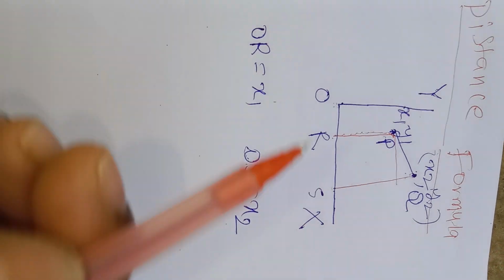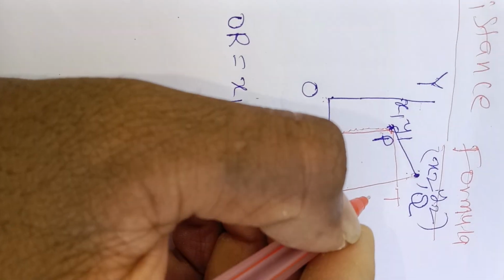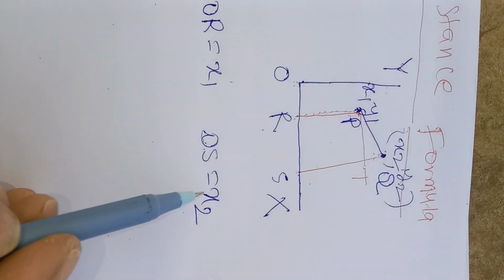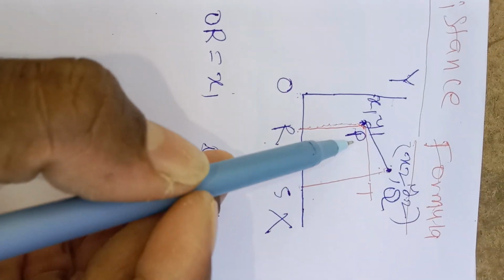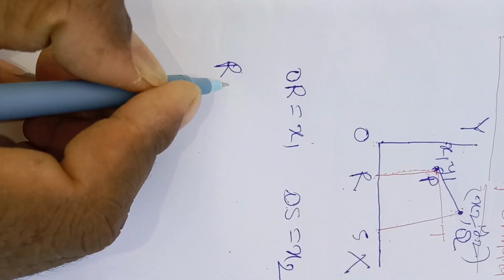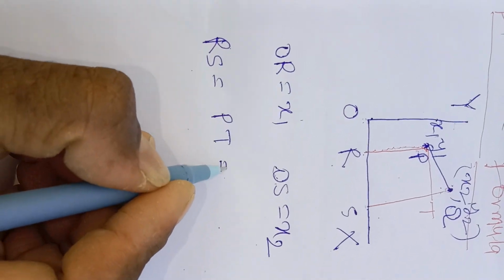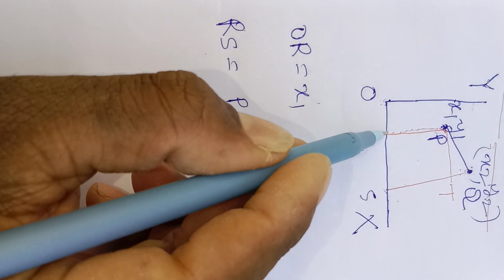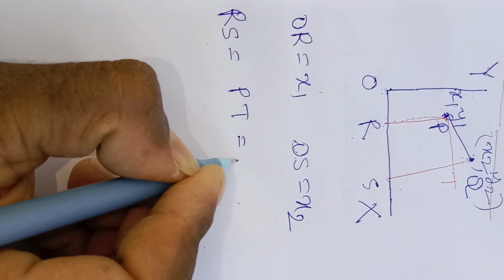Here, one more labeling: T. Make that triangle PQT. Here we have to find the distance RS, which is also equal to PT. From that we can write that RS is equal to PT, equal to the total distance minus OR, which corresponds to the RS distance.